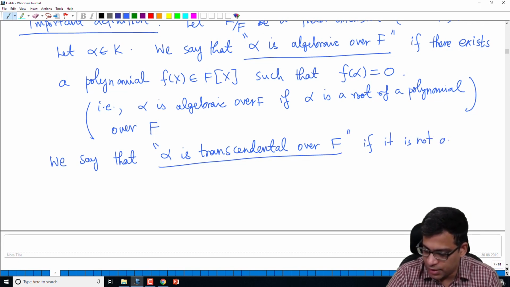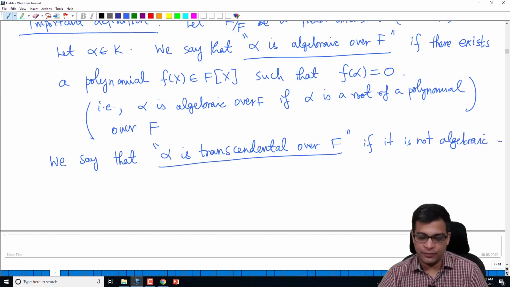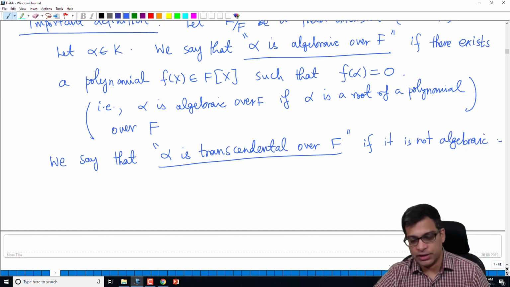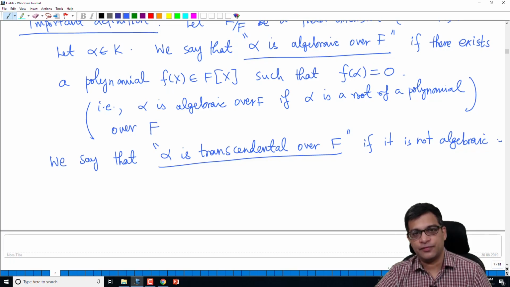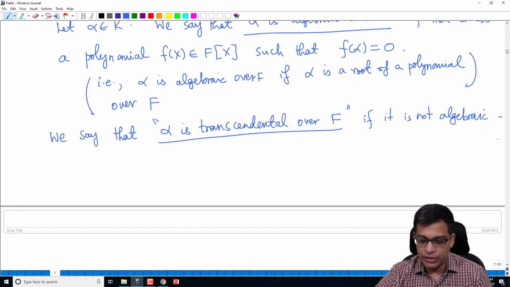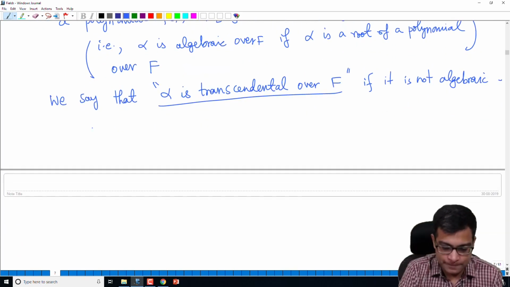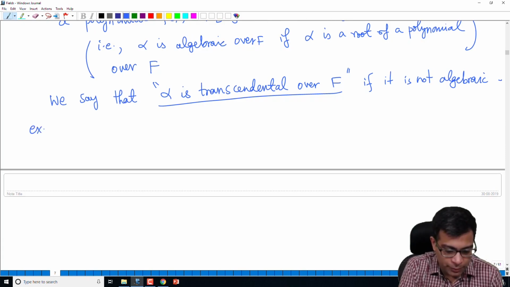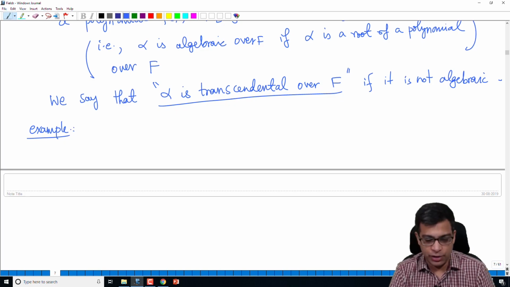So if there is no polynomial over capital F for which alpha is a root, we say alpha is transcendental over it. Okay. So now let me give a quick set of examples, then we will stop.